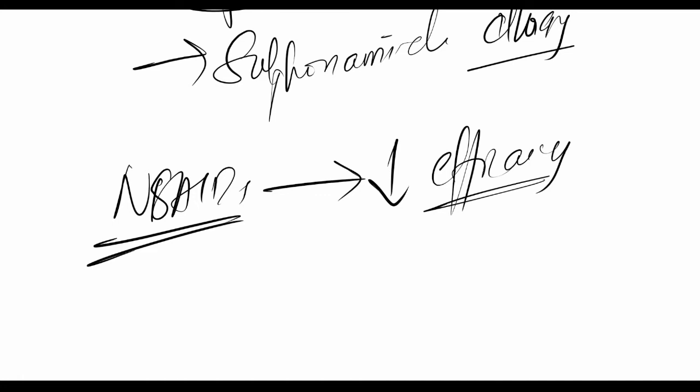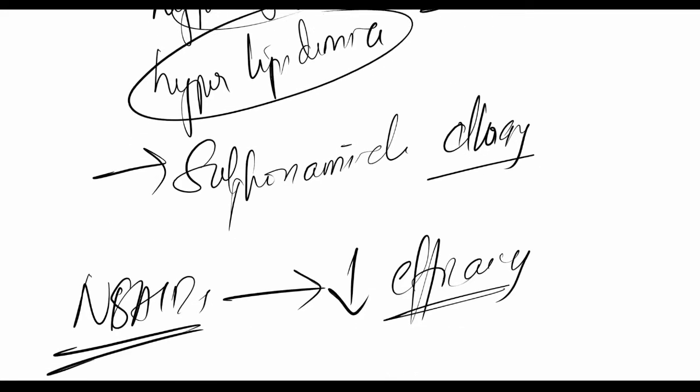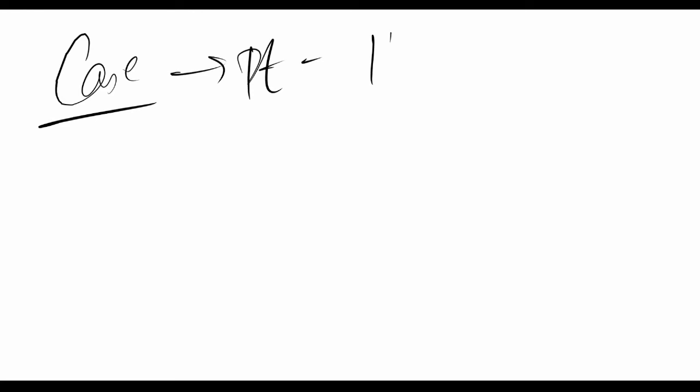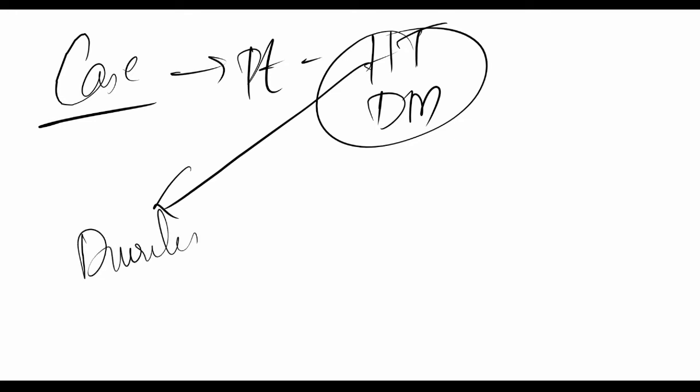So I think I've covered almost all of it. One more extra note, if you actually wanted to know the case. Imagine a patient comes to you who's suffering from hypertension as well as diabetes mellitus. Now, hypertension can be treated by diuretics, and by beta blockers as well.